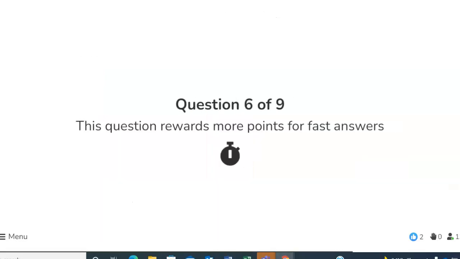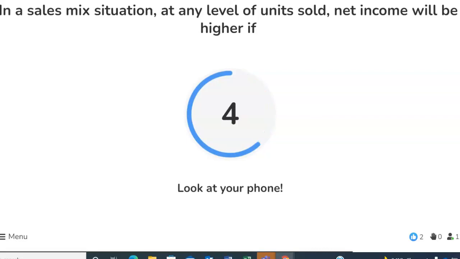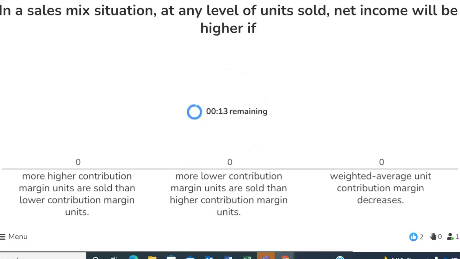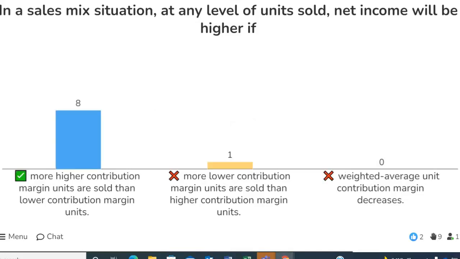That's what sales mix is. All right, the next question. At any level of sales, net income will be higher if... Yeah, I'm glad to see that. That is great.